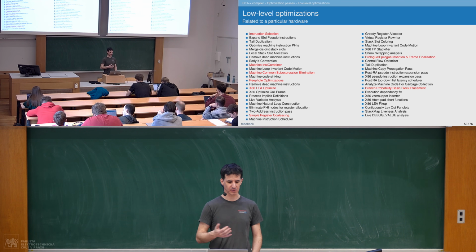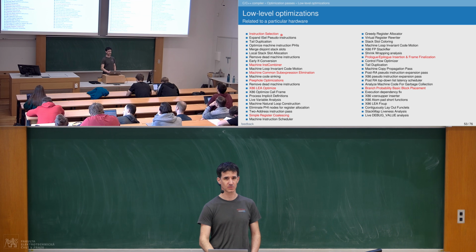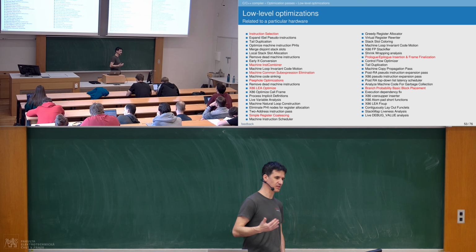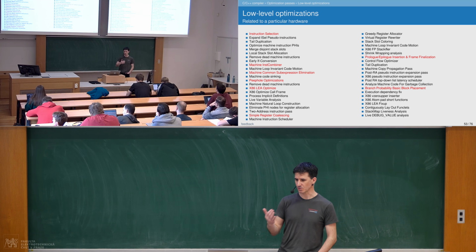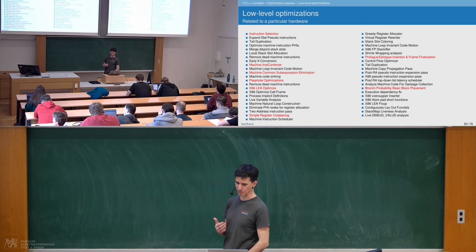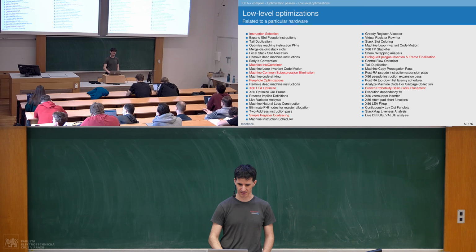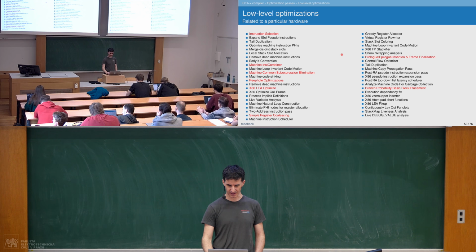This is tailored to the backend, and there are things like instruction selection: for each instruction in the intermediate representation, the best instruction provided by the hardware is selected, and so on.